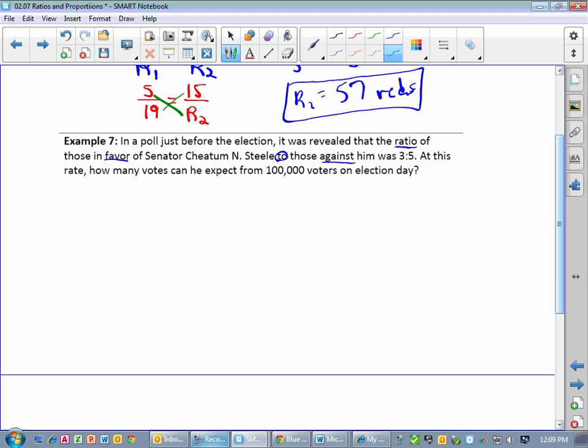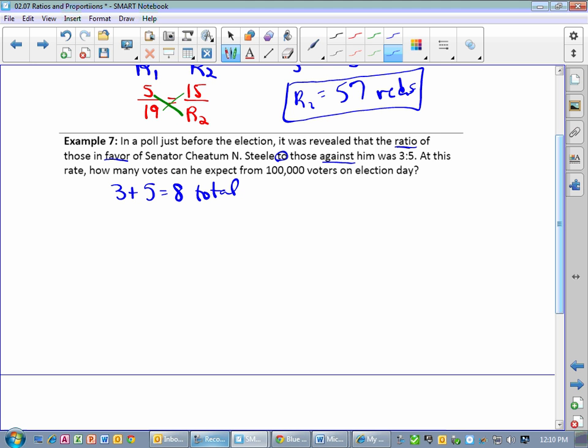Okay. So how many are in favor of him? 3. Out of how many total? So are we just talking about 5 people here? No. If there's 5 against him and 3 for him, how many total are there? 8. So we've got 3 plus 5, which is 8 total voters.